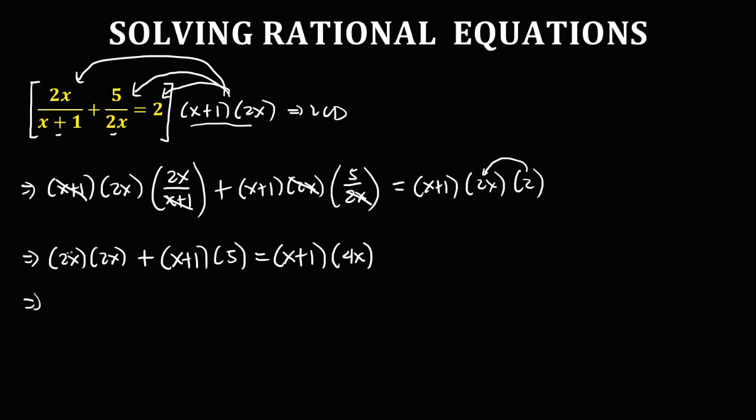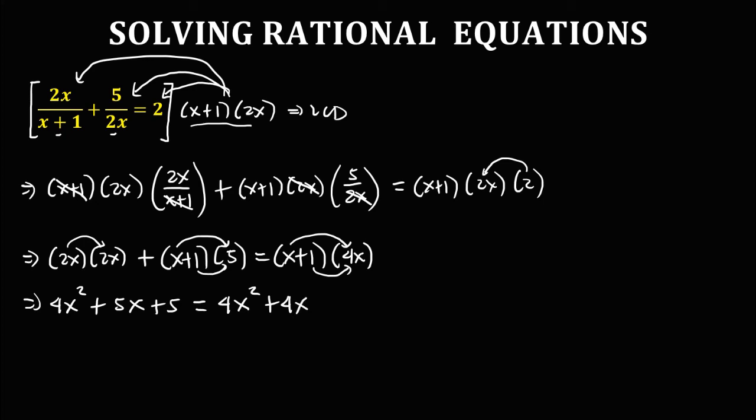Then simplify, so this 2x times 2x, this one is 4x squared. Then plus x times 5, this one is 5x, and 1 times 5, that's plus 5. Then equals x times 4x, that's 4x squared. Then we have this 1 times 4x, that's positive 4x.